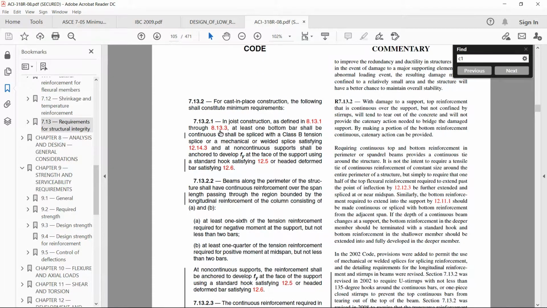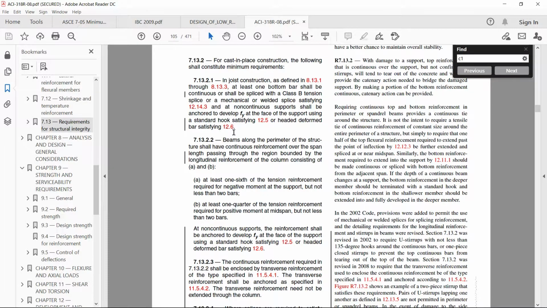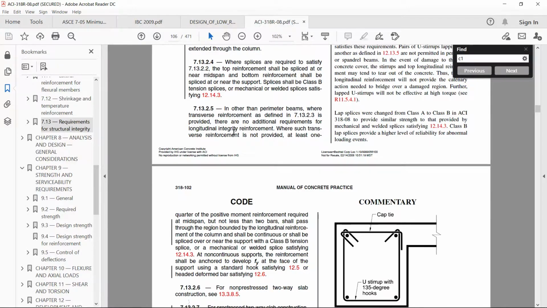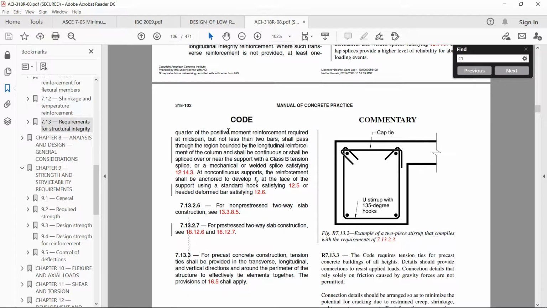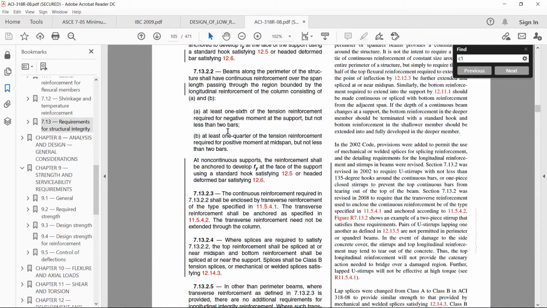So there is a list of minimum requirements provided, and you should go through all these requirements very carefully, and check that they are met before issuing your drawing.